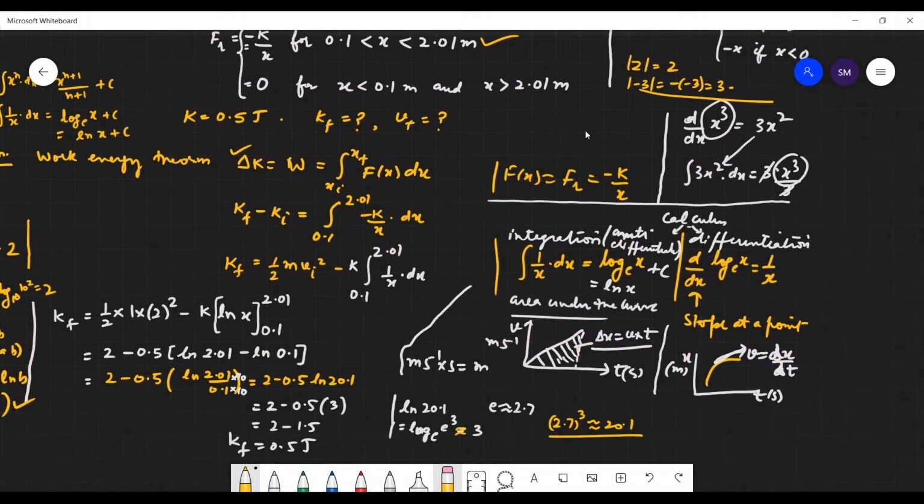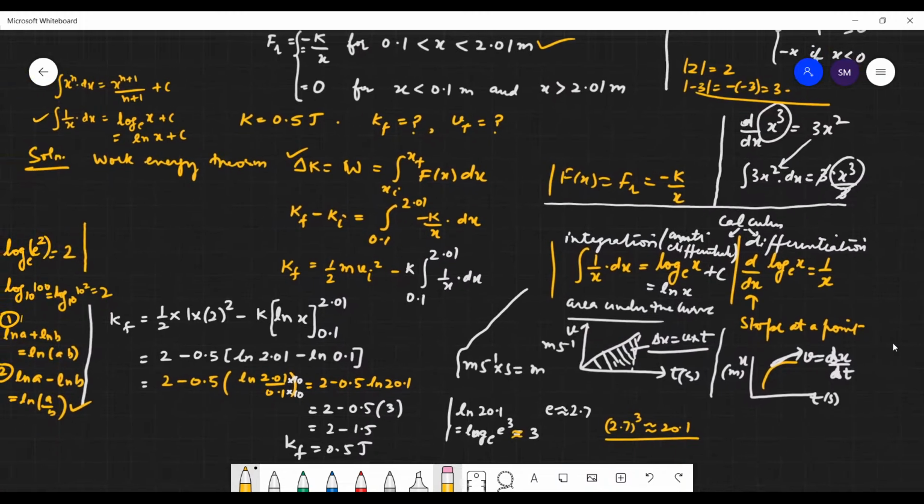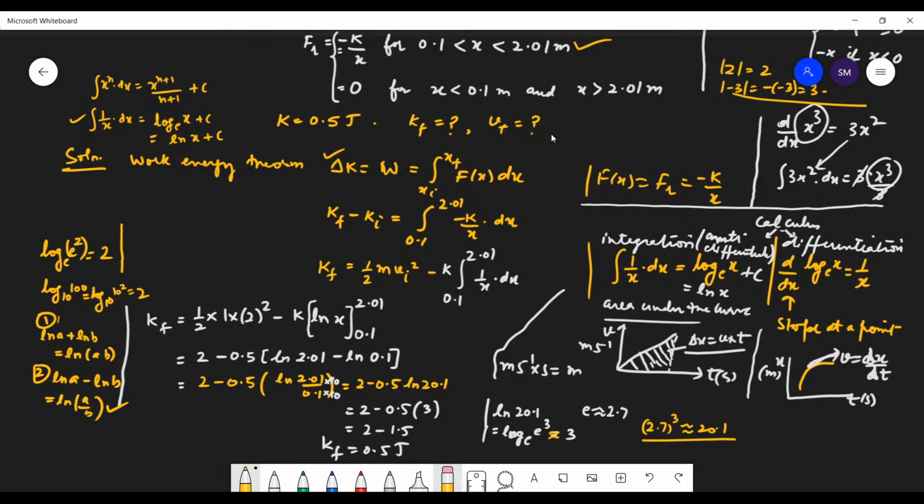I will discuss one more thing here. If I want to discuss differentiation in physics, we will be dealing with two things primarily: one is vector algebra and the second is calculus. In calculus we have two things, differentiation and integration. Differentiation means finding the slope of the curve at a particular point.